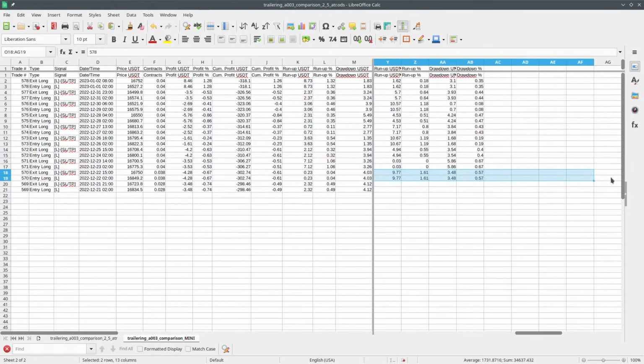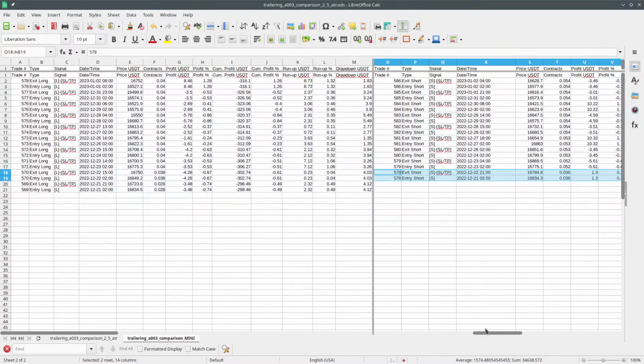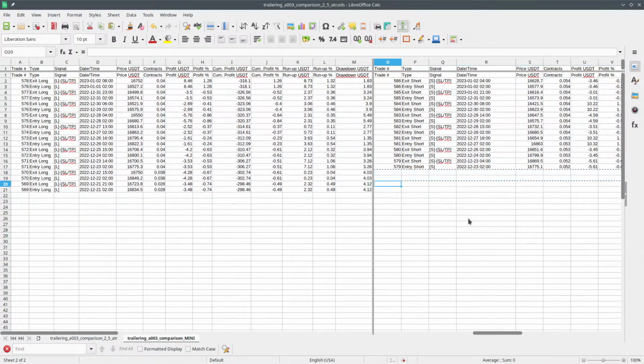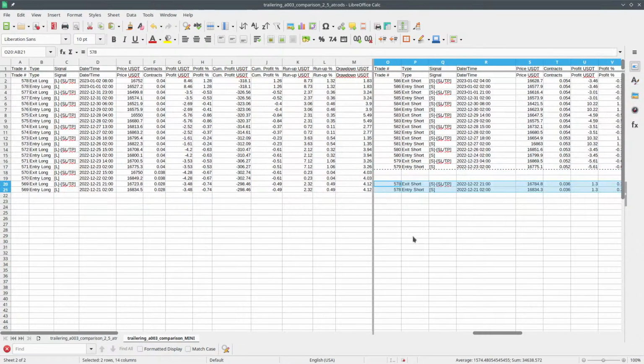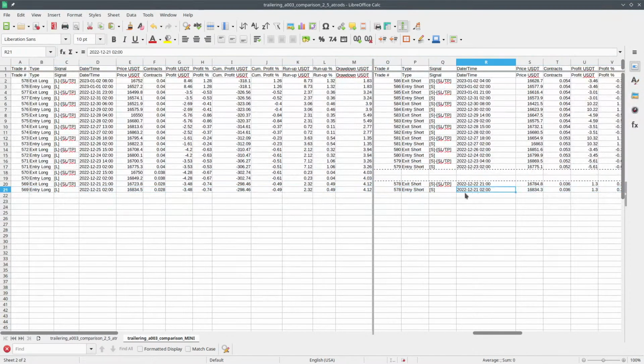So let's move this out of the way. Let's do this. So this should be here. Okay. So right now we have this 2 o'clock. This matches. We have a single short position apparently. So that's okay with us.